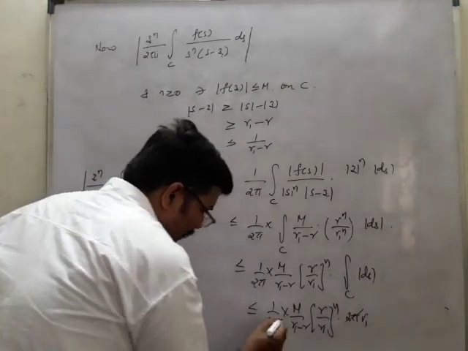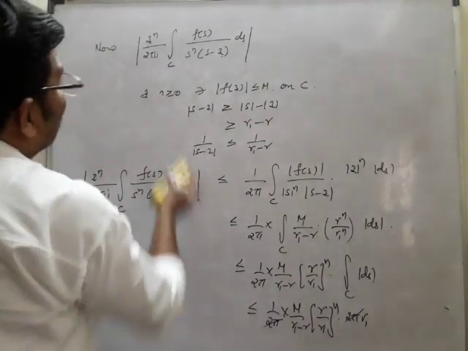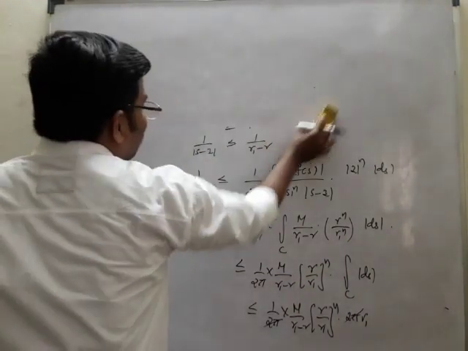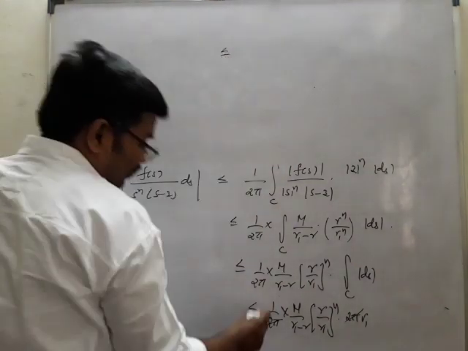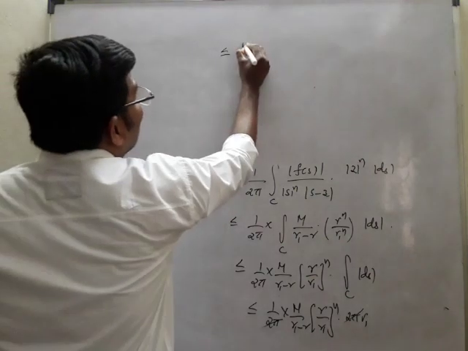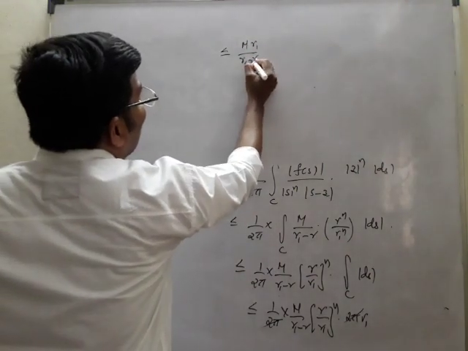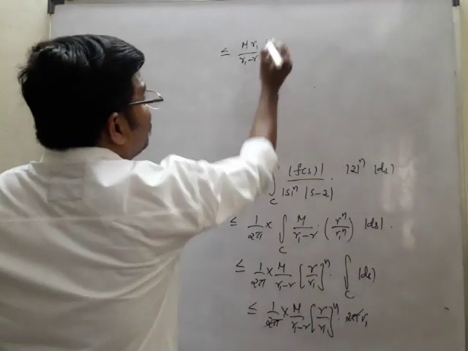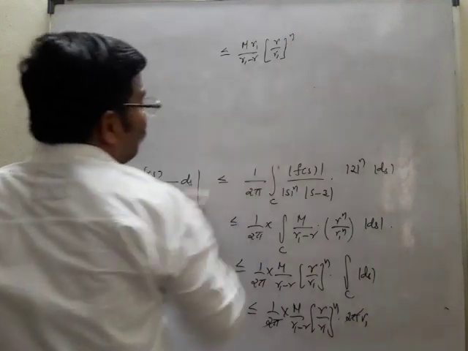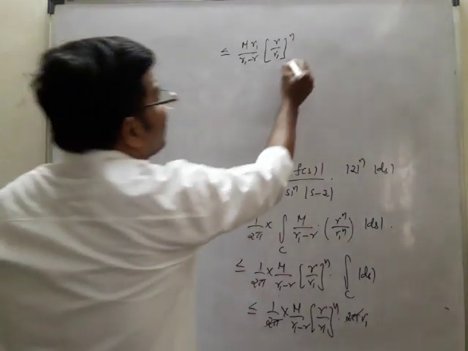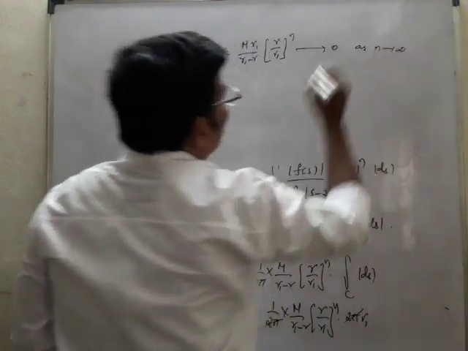So 2 pi gets cancelled, and the conclusion you will get is that this is less than or equal to m r1 by r1 minus r into r by r1 whole power n. Okay, this tends to 0 as n tends to infinity.